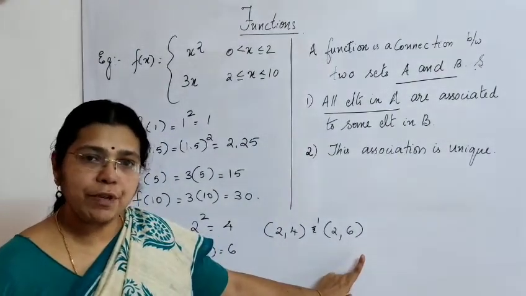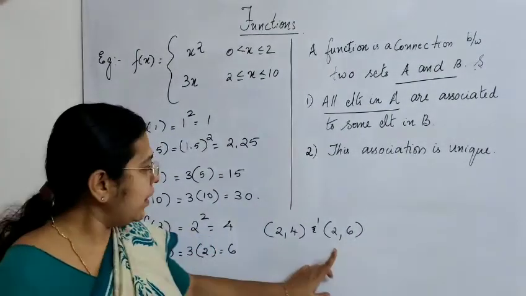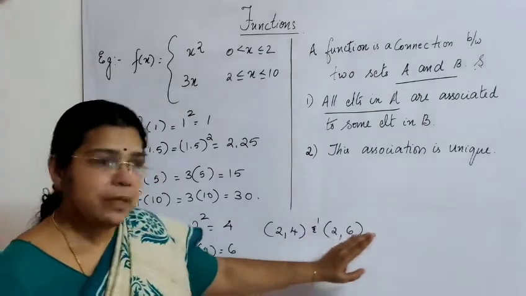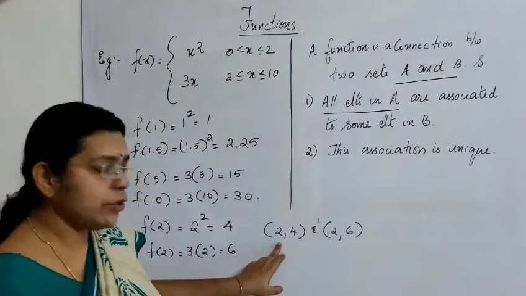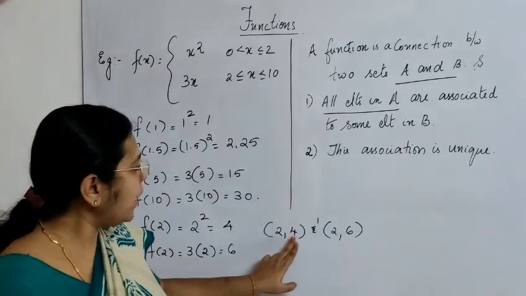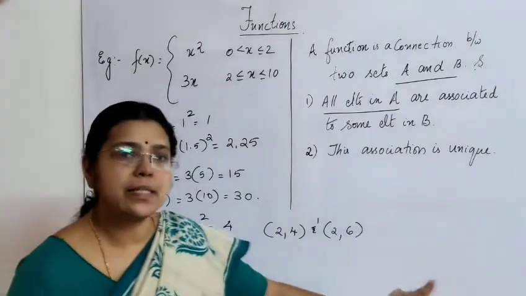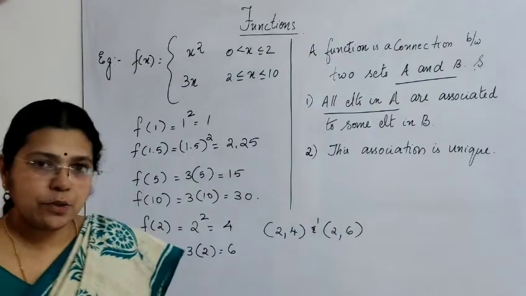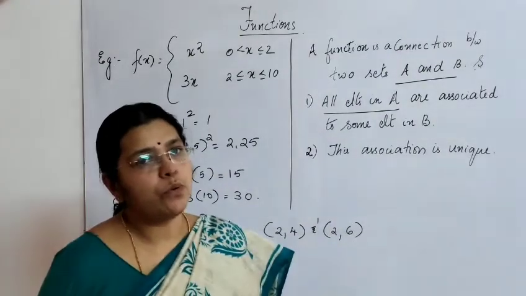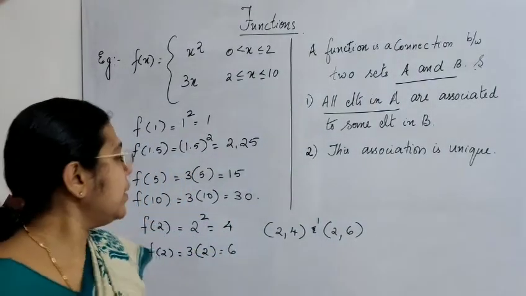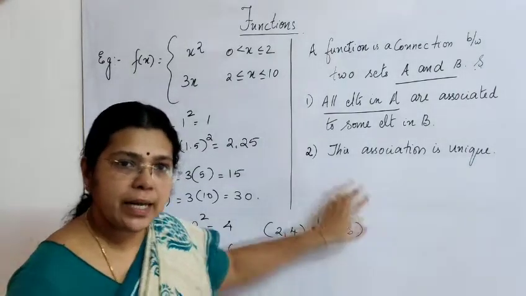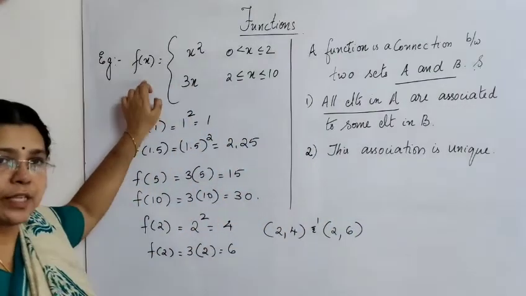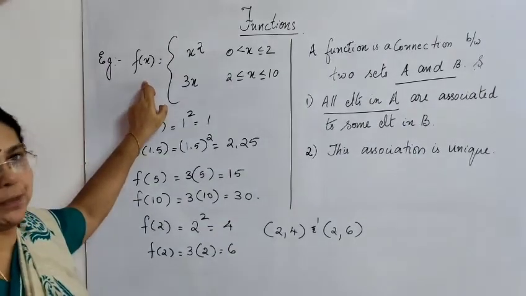But here the domain of the function has 2 in it, and 2 is associated with both 4 and 6. That means this association is not a unique one, and hence I can say that this f of x is no more a function.